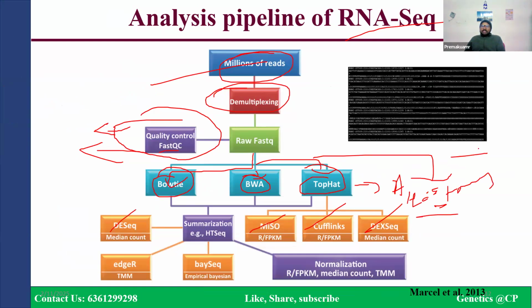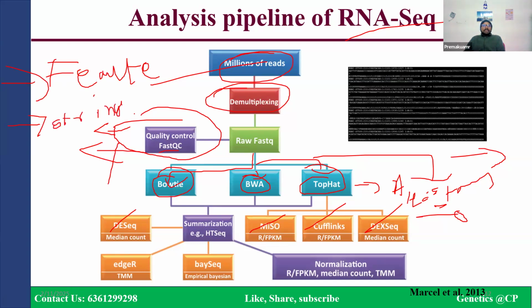Now I used another software called featureCounts. It is a very easy software to quantify the gene expression. Then another one is called StringTie. You can use any of these, either StringTie or featureCounts, to quantify the gene expression.